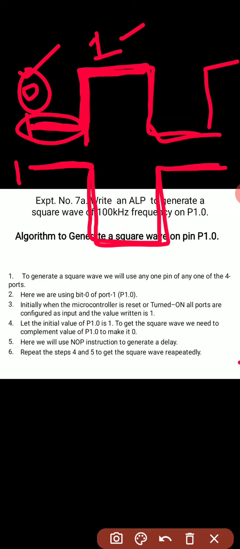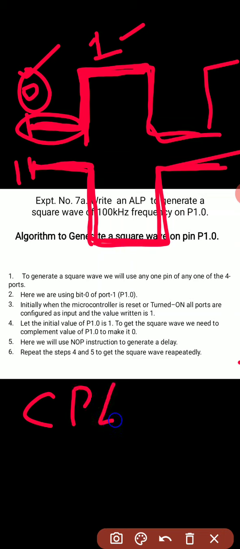If its value is initially 1, again we call a delay, it remains high for a certain time, then it becomes 0, remains 0 for a certain time, and then becomes 1 again. For complementing the values, we are going to use the instruction CPL, which stands for complement.